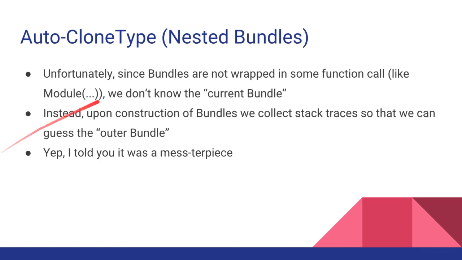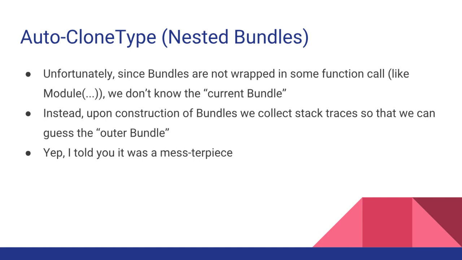Well, I talked earlier about having pre and post hooks. The reason why we have this module wrap is so that we can set the current module and then unset it. That pre and post hook allows us to always know what the current module is. We don't have any such functionality for the current bundle. So the way we do it is every single time you construct a bundle, we collect a stack trace and then we can compare the stack traces.